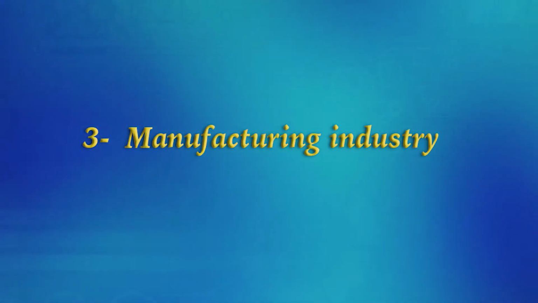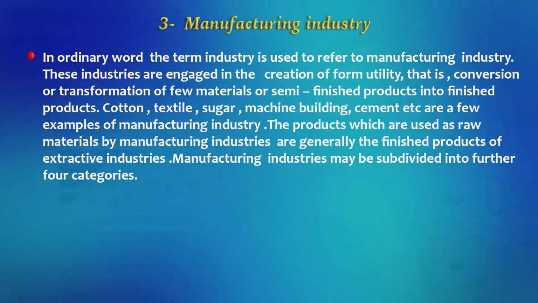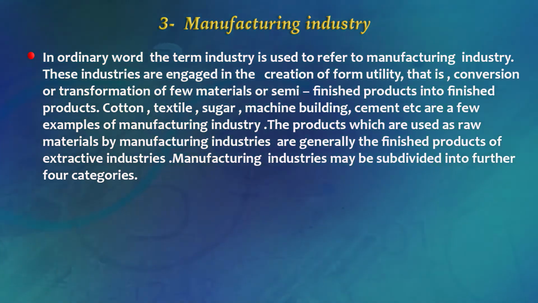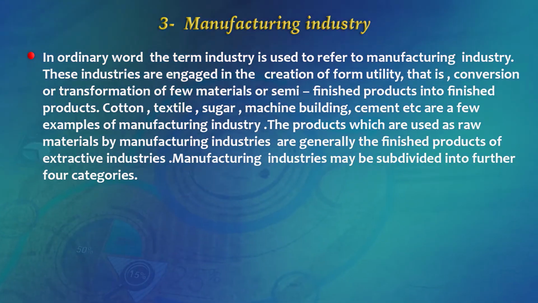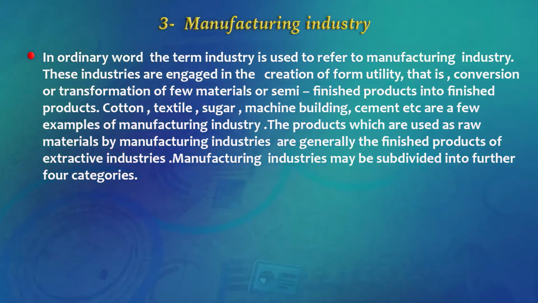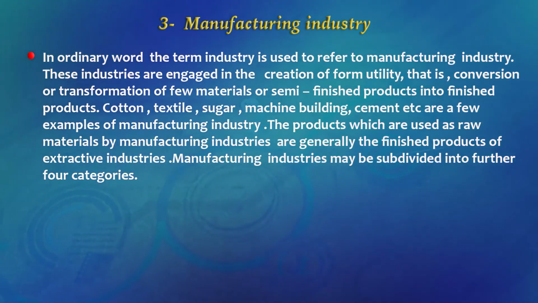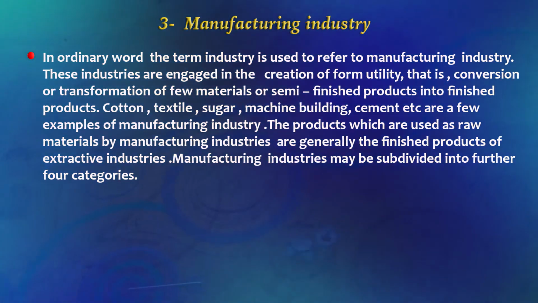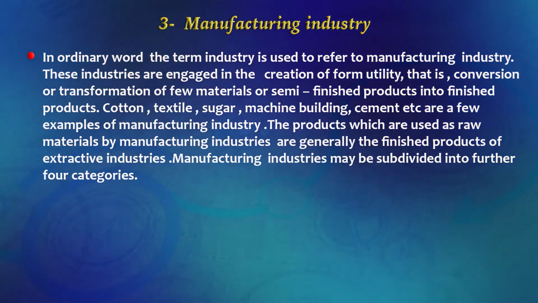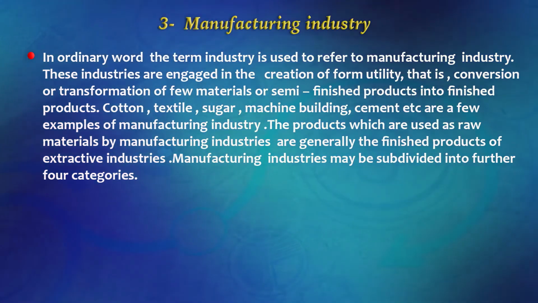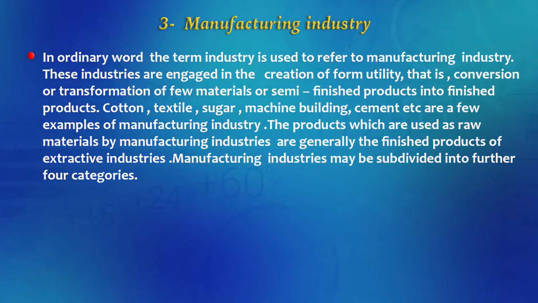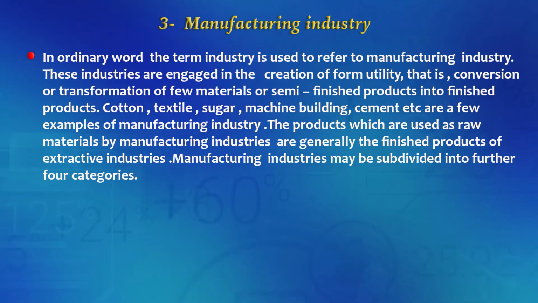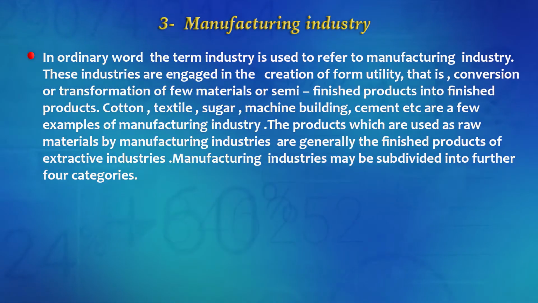Then manufacturing industry. In ordinary words, the term industry is used to refer to manufacturing industry. These industries are engaged in the creation of form utility, conversion or transformation of raw materials or semi-finished products into finished products like cotton, textile, sugar, machine building, cement, etc. are a few examples of manufacturing industries.